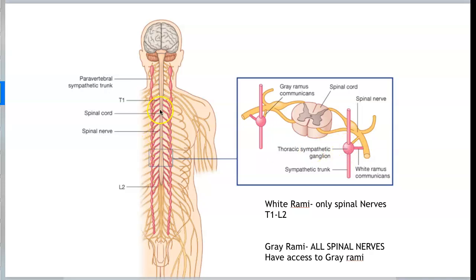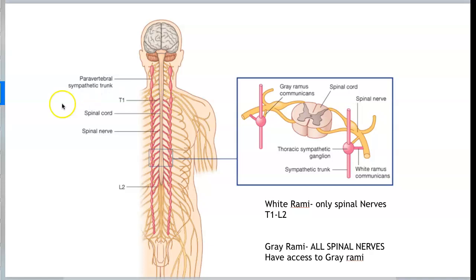Now, it does not matter where you're going to go in the sympathetic nervous system, what ganglia you're going to synapse in. You have to first get on the sympathetic chain. You have to.